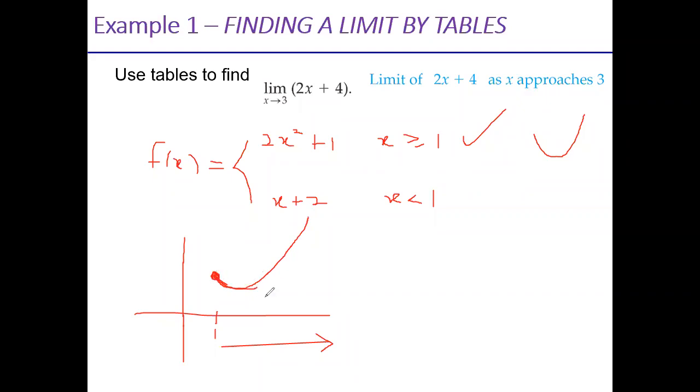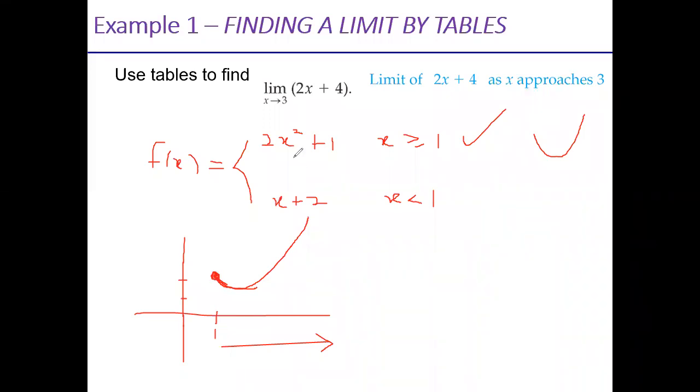Okay, good. Then for the linear function, which is x plus 2, when x is less than 1, that is also going to be, if this was at 1, this would be at around 2. Okay, when x is less than 1, this is going to be open here at the point.